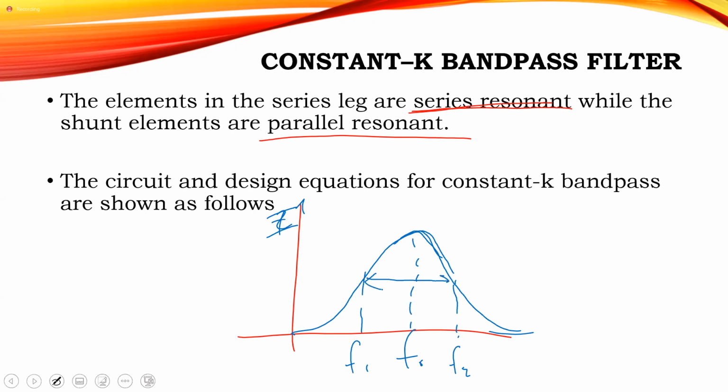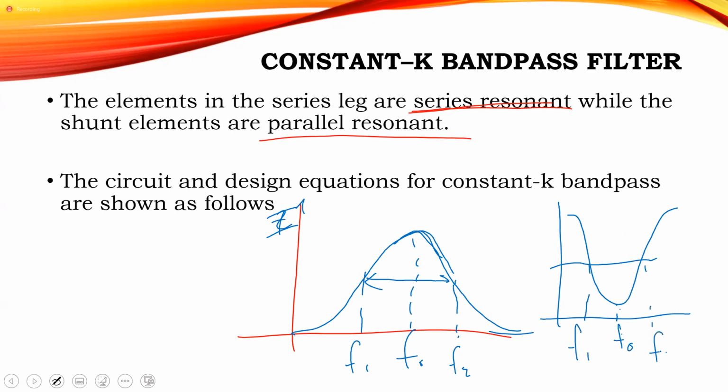Now that's for series. When you consider parallel resonance, then your current, of course, is a minimum, and that's occurring at F0. Then, of course, you have your F1 and your F2.